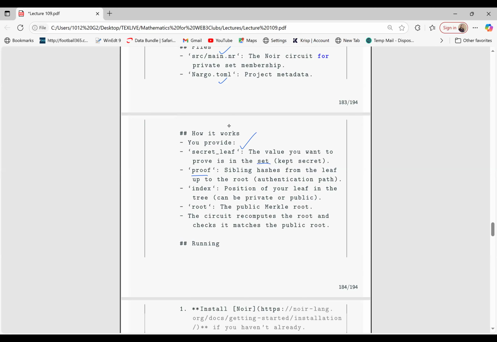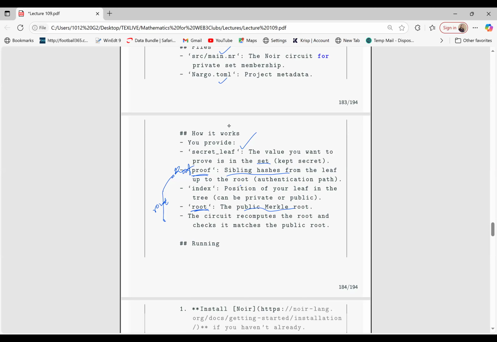So you provide the proof, and the proof is the sibling hashes, the hashes from the leaf up to the root. The root, in the examples we've seen, has always been public, so you make it public.